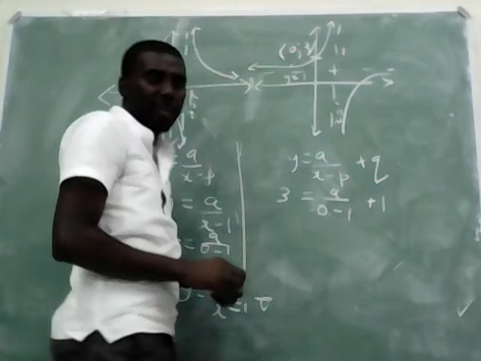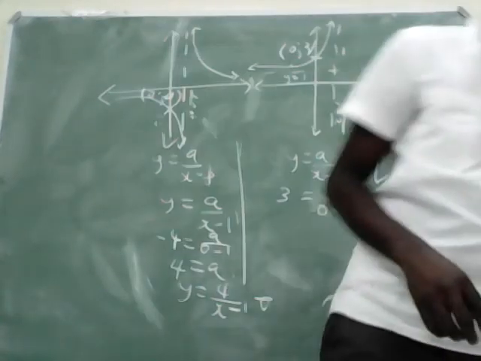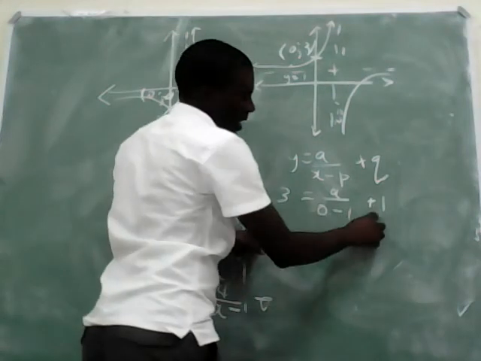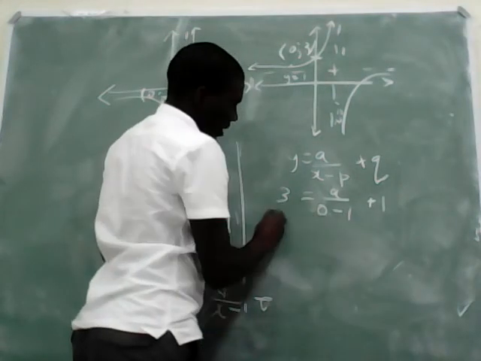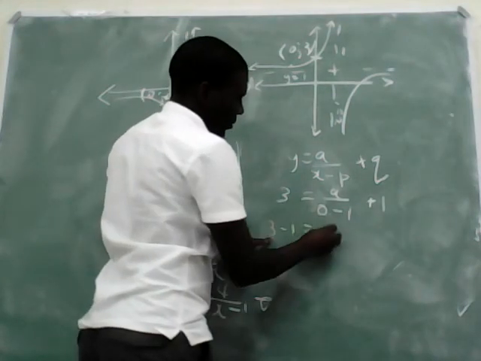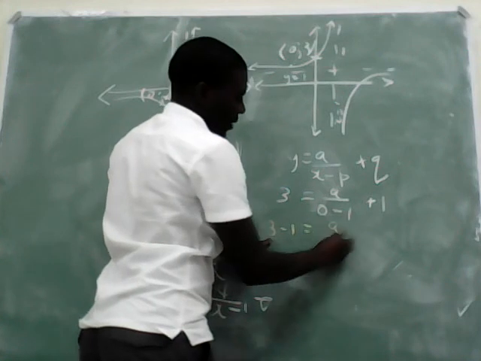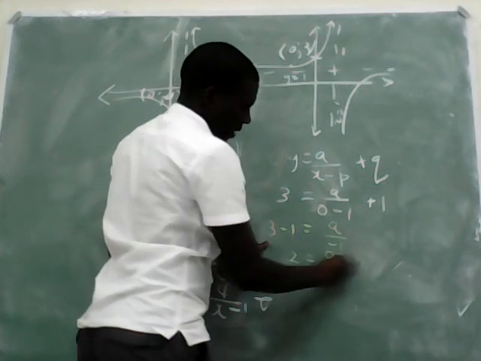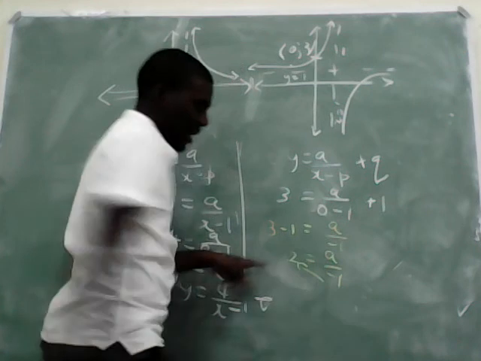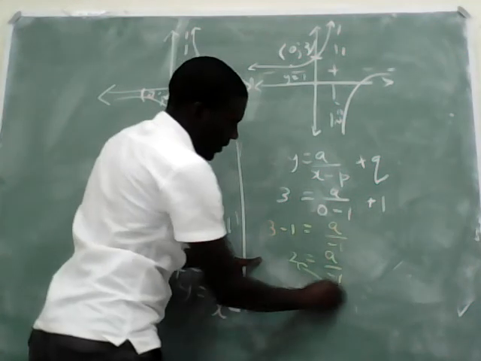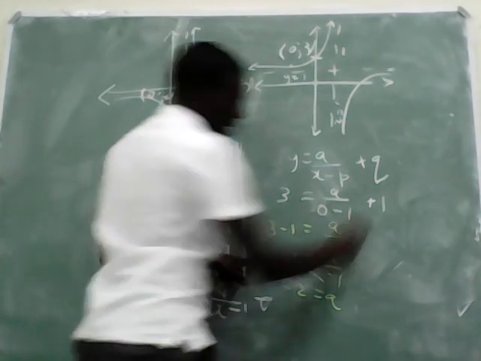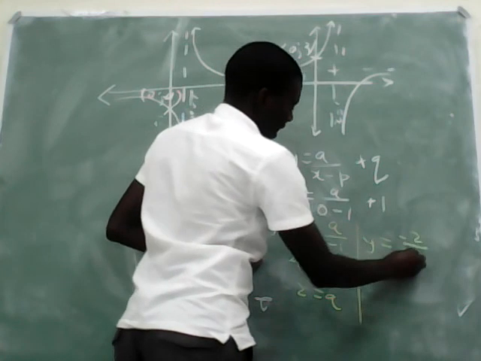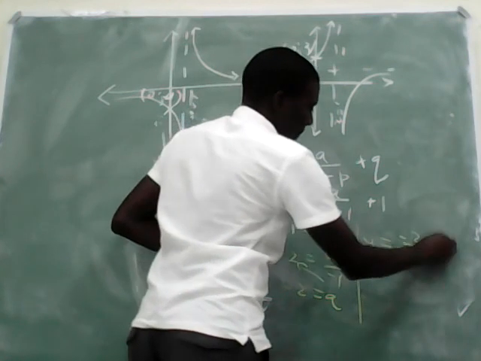Then we solve for a. Let's take 1 across first. 3 minus 1 equals 2. a over 0 minus 1 is a over minus 1. So 2 equals a over -1, which gives a as minus 2. So our equation is y equals minus 2 over x minus 1, plus 1.